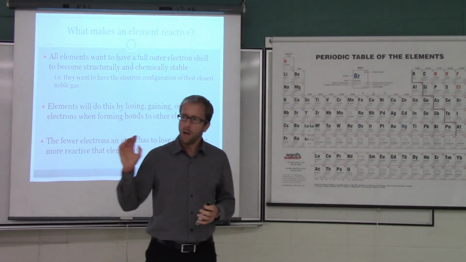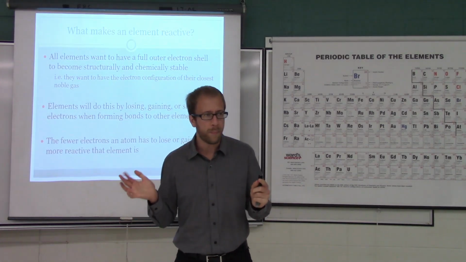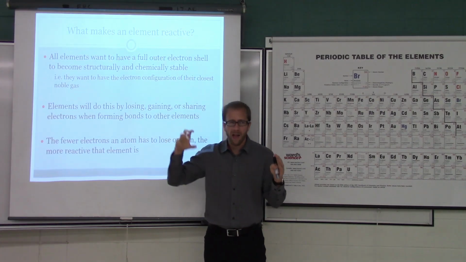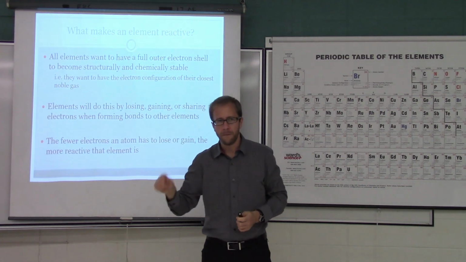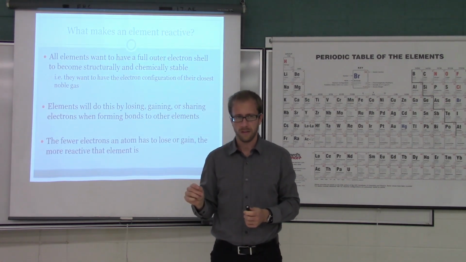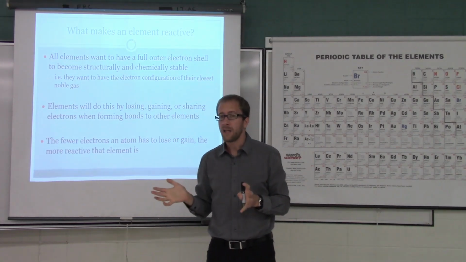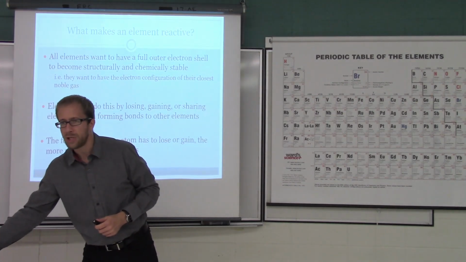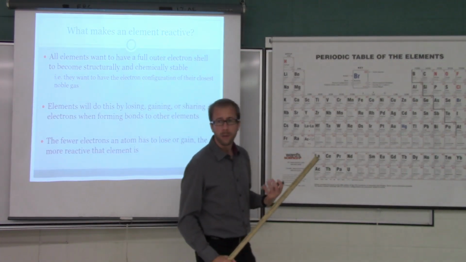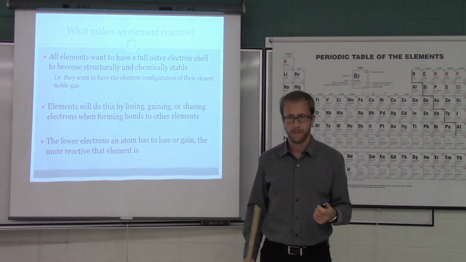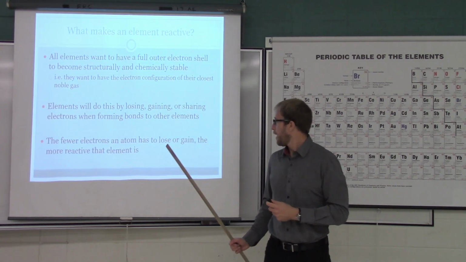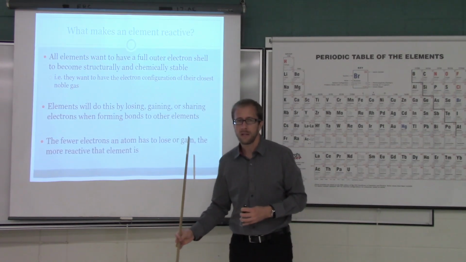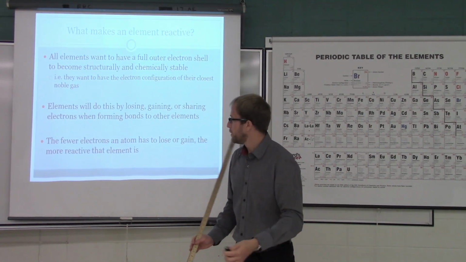One, all elements, and this is going to be a basic tenet for the next month pretty much, form bonds to get a full shell of outer electrons. That is why elements form bonds in the first place. They want to have a full shell and look like their nearest noble gas. Elements do this by losing, gaining, or sharing electrons with other elements.